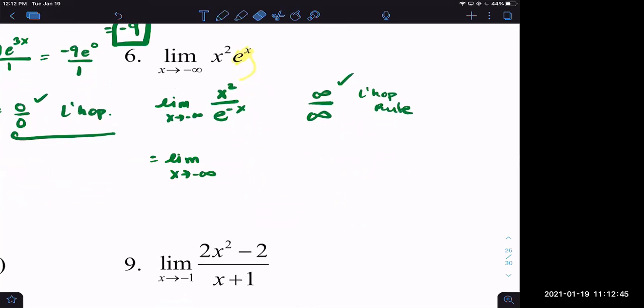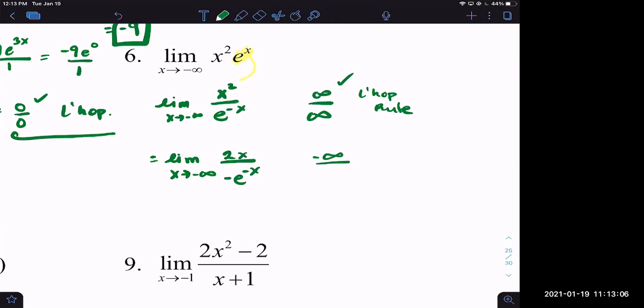What's the derivative of the numerator? 2x. What's the derivative of the denominator? Great. If we plug in negative infinity, what would the numerator be? Negative infinity, right? 2 times negative infinity.